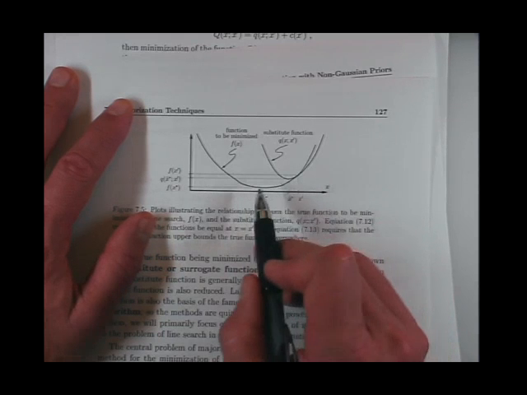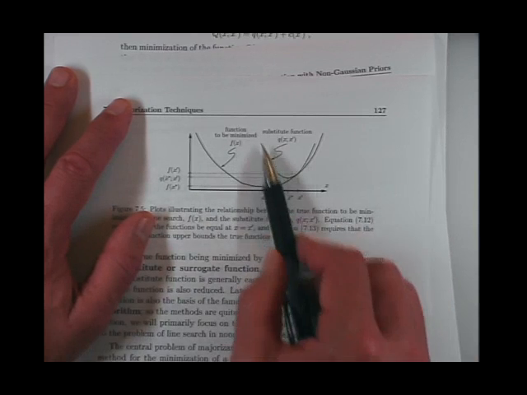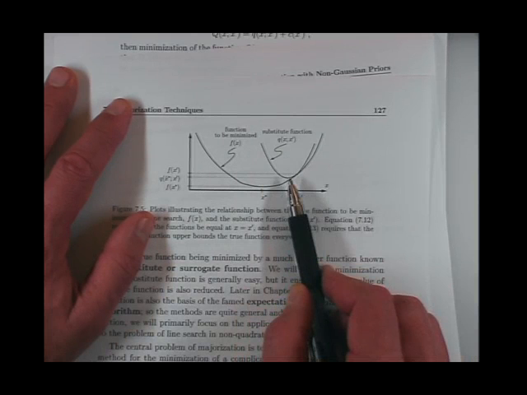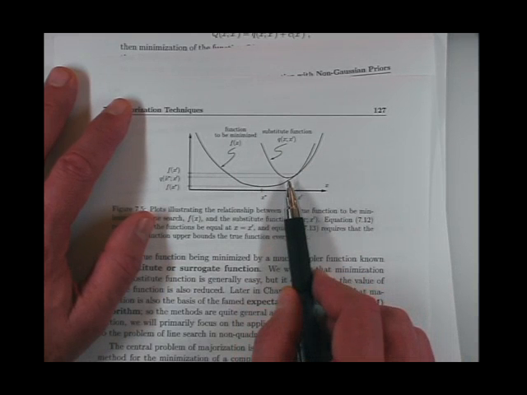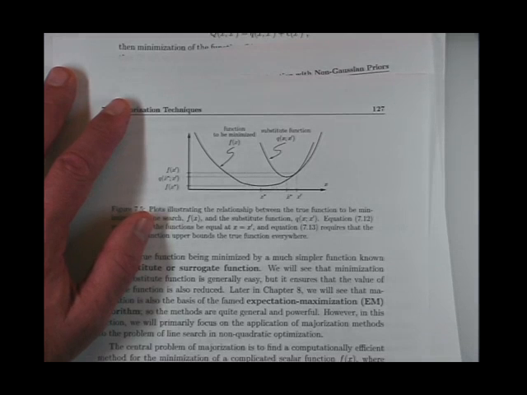So the convergence could be slow. But the beauty of this method is you calculate an upper bounding function, and you find the minimum of the upper bounding function, and then in one step, you at least are sure you've done something good, okay?